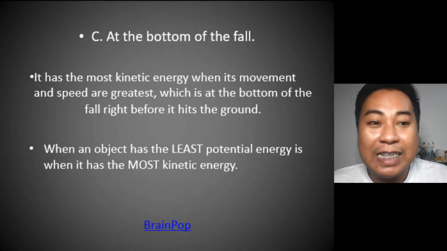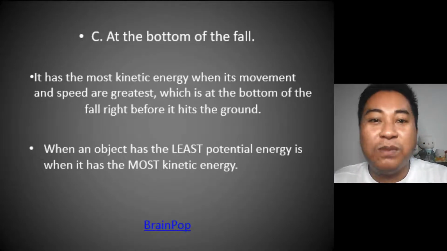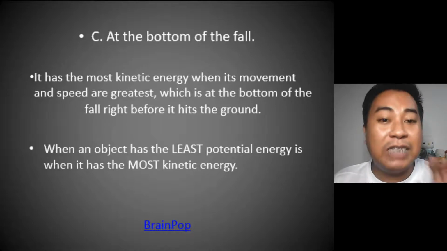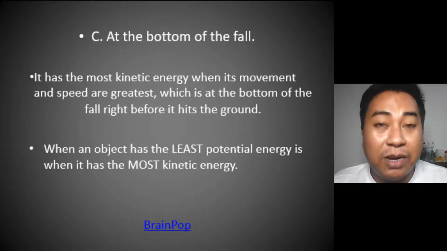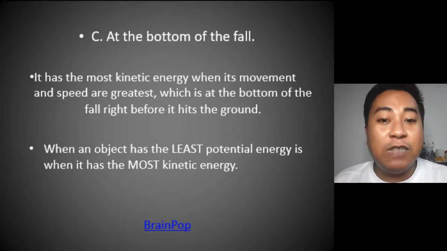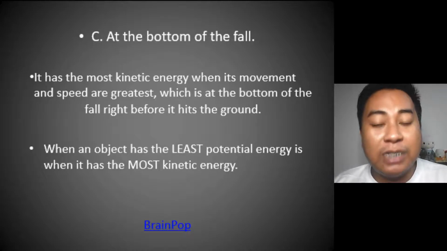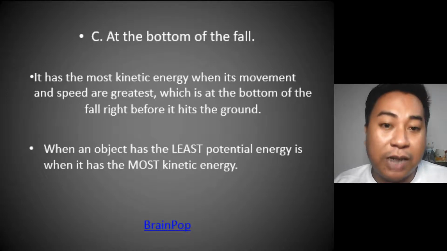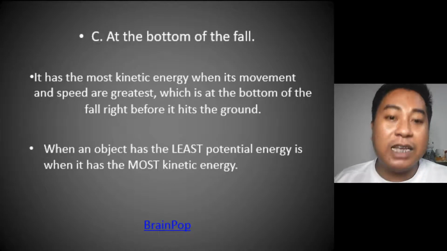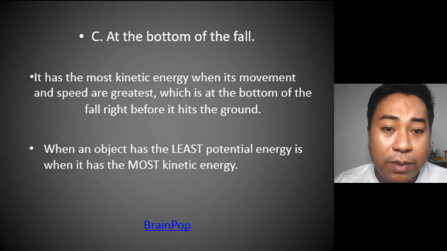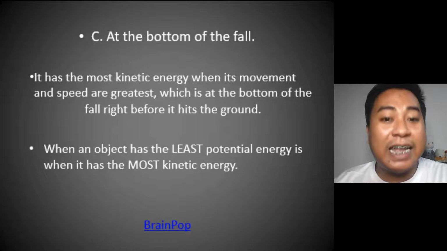Saan? Okay, it's at the bottom of the fall. Ibig sabihin, kapag nasa baba na yung objects, they would tend to have most kinetic energy compared doon sa nagtatravel siya. Kasi kapag nag-fall ang isang object, it is having potential energy. Kapag bumagsak na siya, ibig sabihin, it is having kinetic energy.